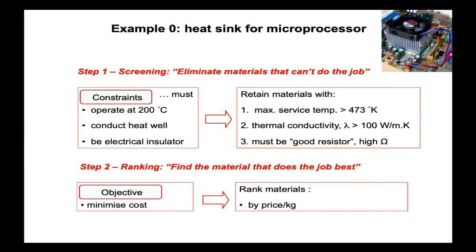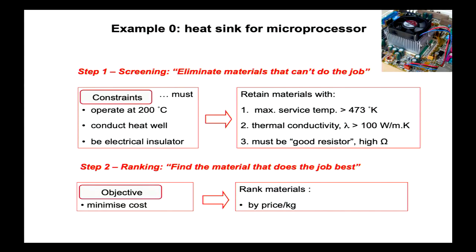So constraints must, for example, operate at 200 degrees, conduct heat well, but at the same time be an electrical insulator. So then we will retain or consider materials with a maximum surface temperature, going from Celsius to Kelvin, a thermal conductivity value, and high ohms.